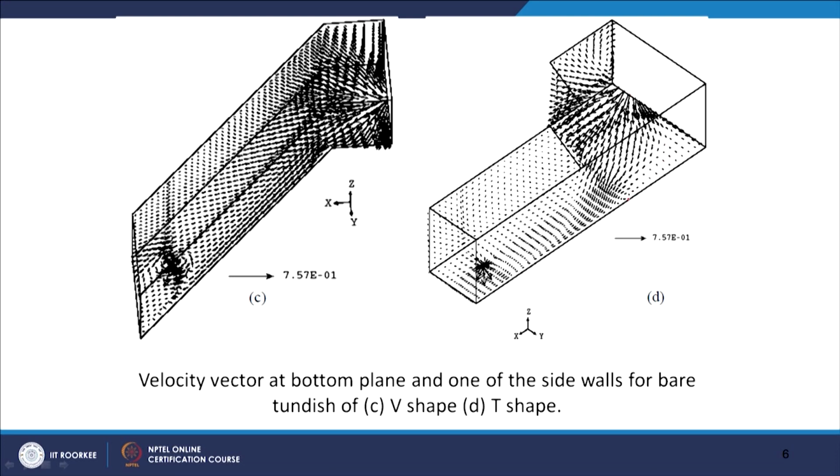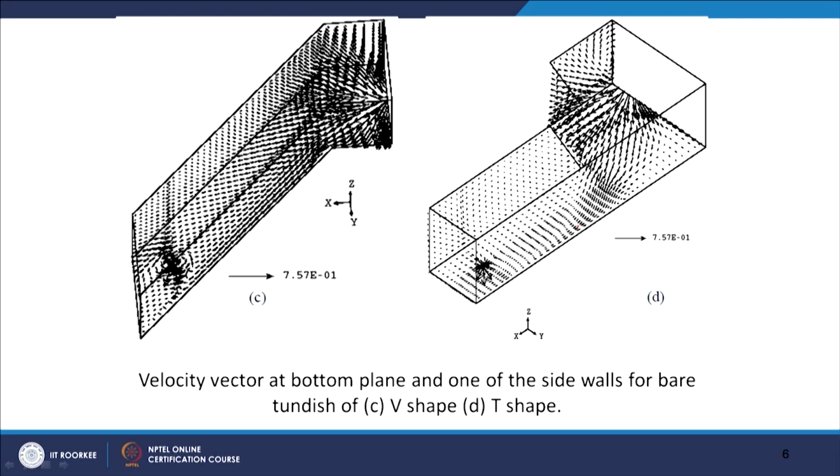Coming to this side the velocity will be smaller, but this way you will have larger velocity on this side and a smaller velocity on that wall side. That is being shown in this case, and you see the lower velocities on this side, where there are higher velocities on this wall. This way you can have an idea about the velocity vectors which you draw, and you should draw the velocity vectors on those surfaces from where you can have clarity.